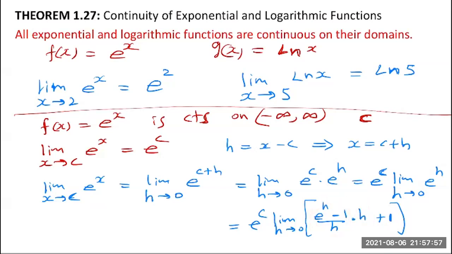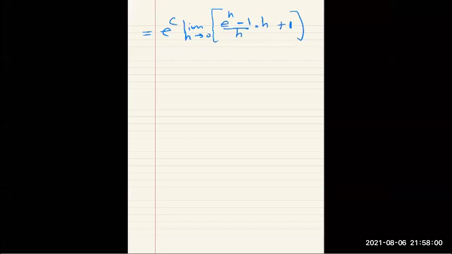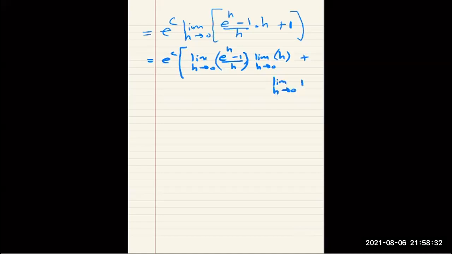Then you get, let me copy this one to the other side, e to the power c times limit as h approaches 0 of e to the power h minus 1 divided by h, times limit as h approaches 0 of h, plus limit as h approaches 0 of 1.